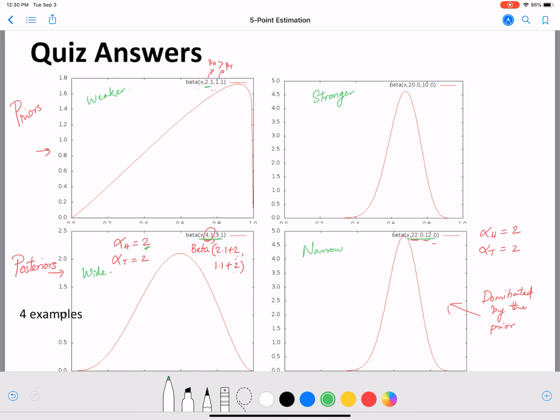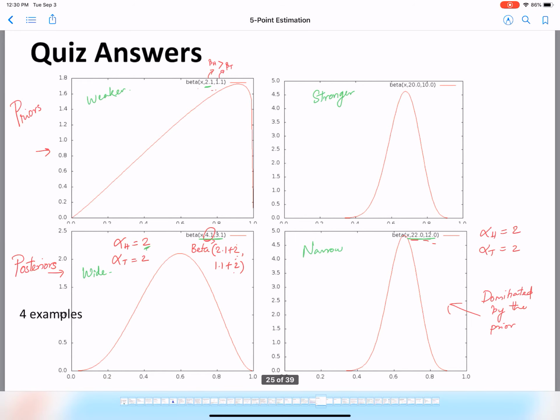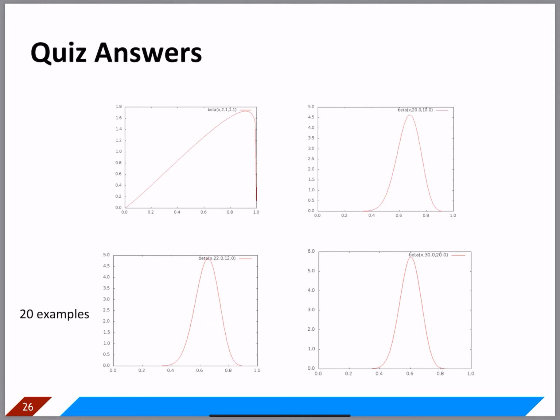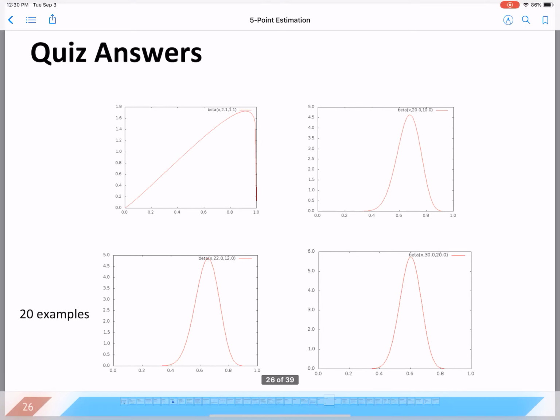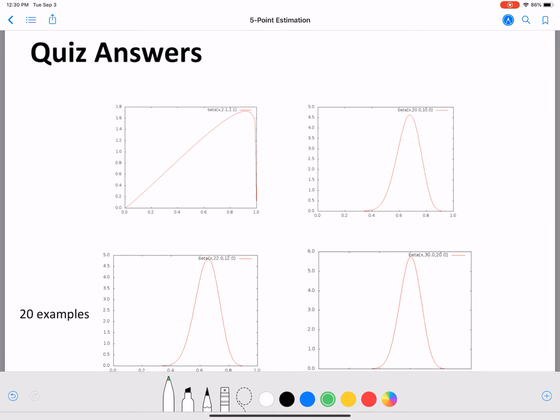All right, let's see another example so we can understand this better. Now we have 20 examples. So now we have more examples, and with more and more examples, the prominence of your prior in the posterior equation should come down.